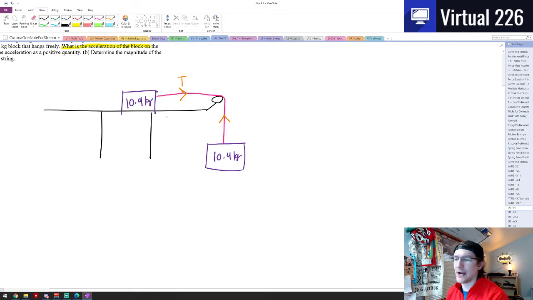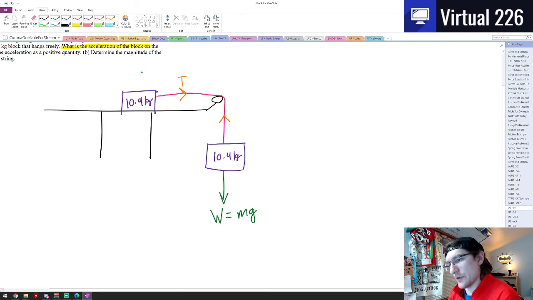Okay? Now what we're actually doing looking at this is we are going to take this horizontal and vertical system, and if we think about what's causing them to move, well, there is a weight acting on this hanging block here, right? Weight equals mass times gravity. And if we wanted to, there's two ways to think about this. The way I like to think about it is, what direction are these objects moving?